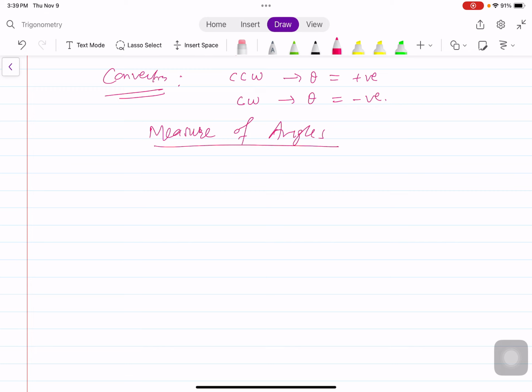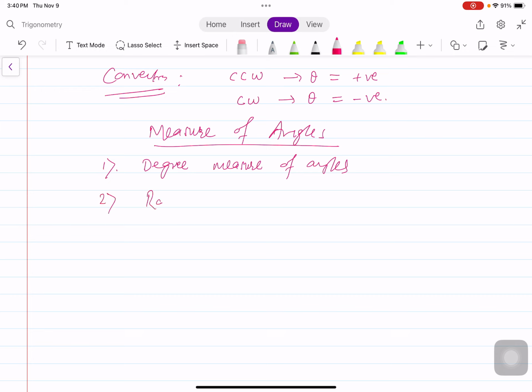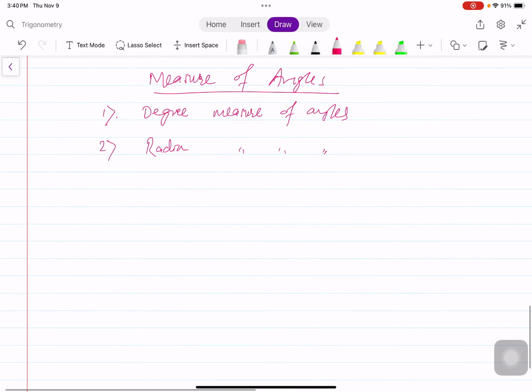There are two measures of angles. In this video I will cover only one, but I will list both. First is the degree measure of angle, and number two is the radian measure of angle. However, there are many other systems also, grades and other things, which we will not discuss, which is beyond the scope of this video.